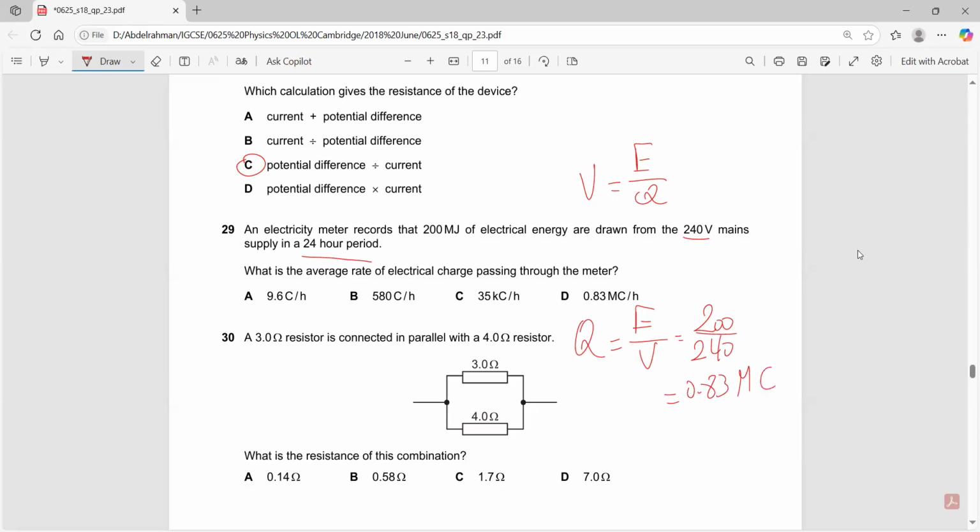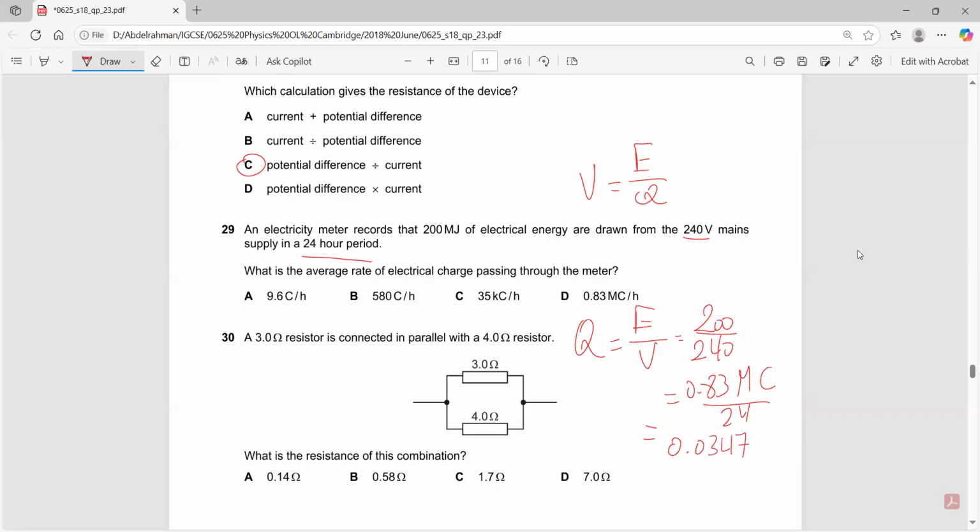This is per what? Per 24 hours. So if you want to find it per hour, you need to divide it by 24 again. If you divide this number by 24, not 0.24, it would give you a very small number, 0.0347.